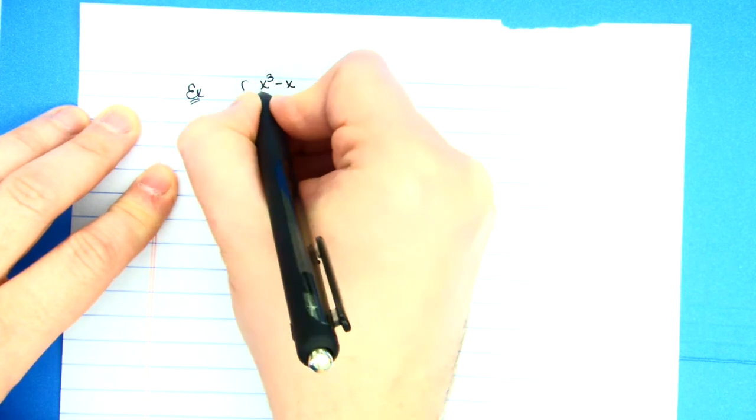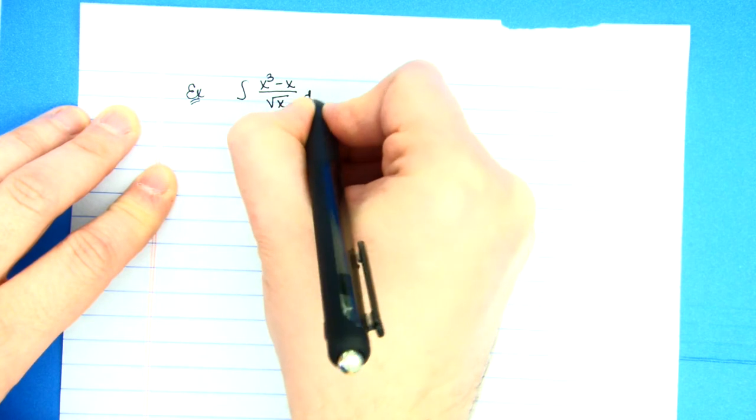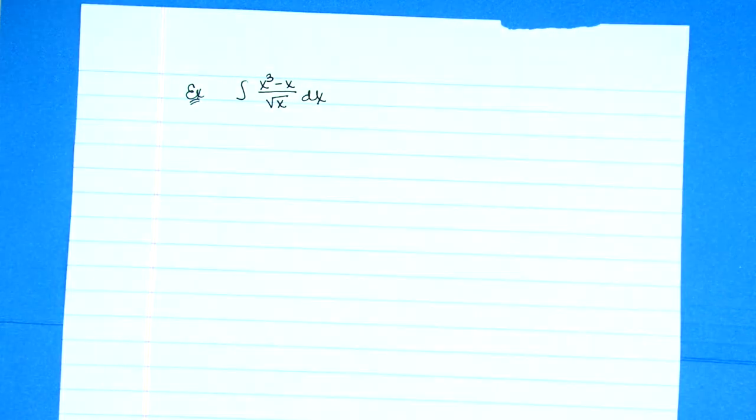Okay, let's try the integral of x to the third minus x over the square root of x dx. I haven't taught you a quotient rule, and actually we're not going to learn a quotient rule this year.